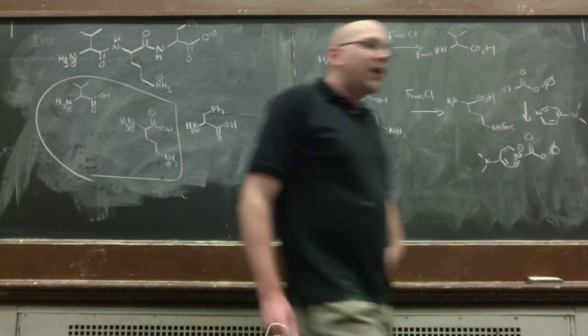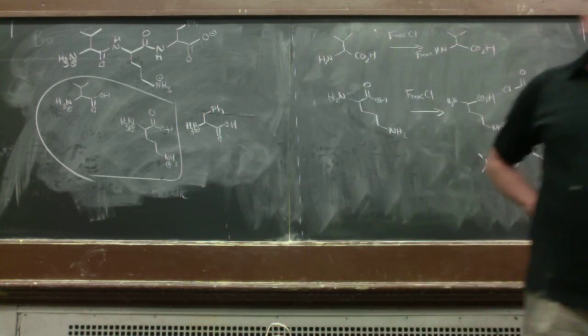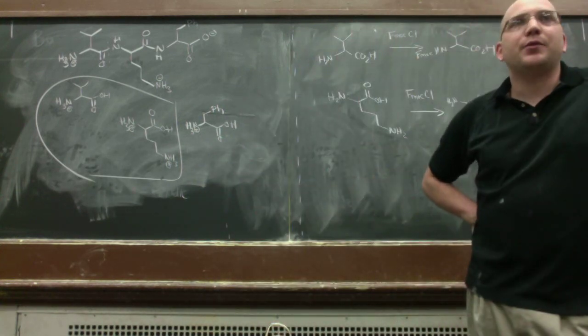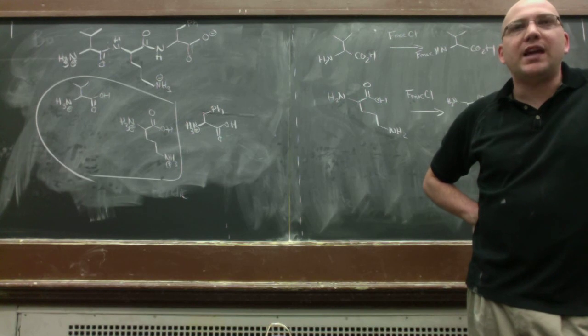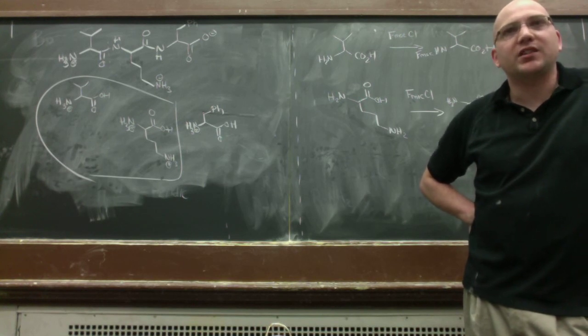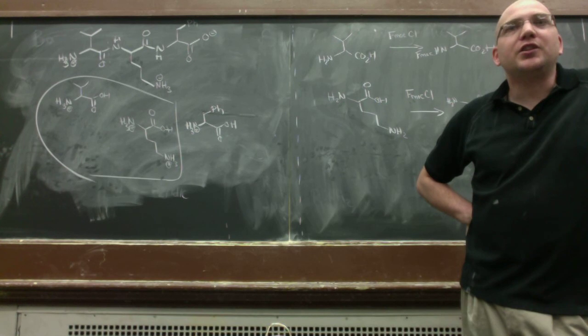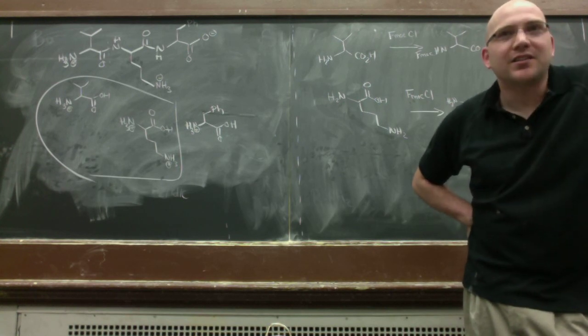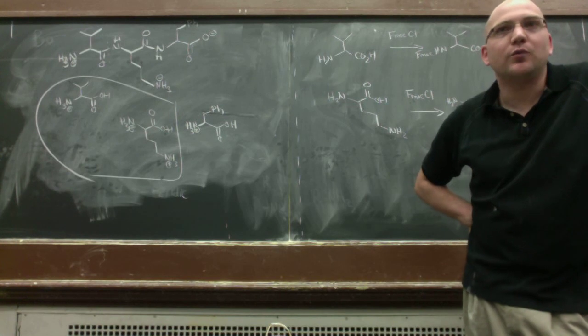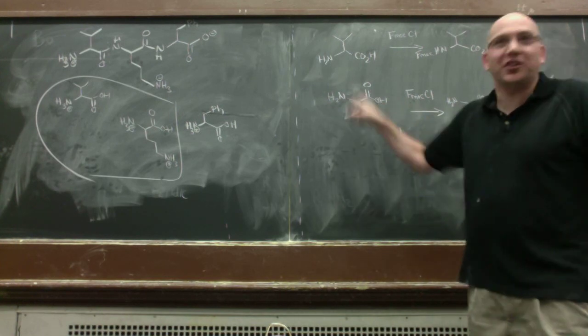No, the good analogy would be, say for example, using a bulky base to do deprotonation of the more accessible proton, right? If the reagent that's reacting is more bulky, then it just amplifies the selectivity. So it makes this even worse, right?